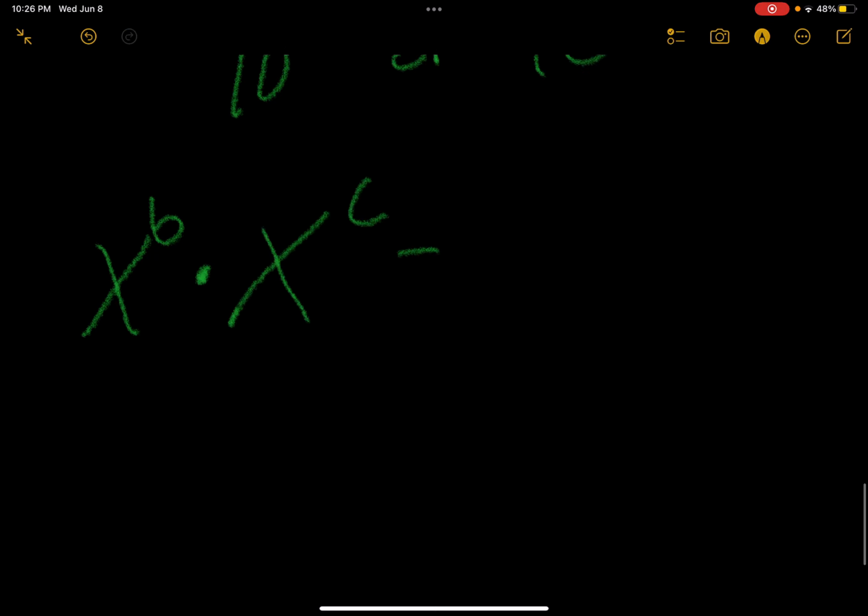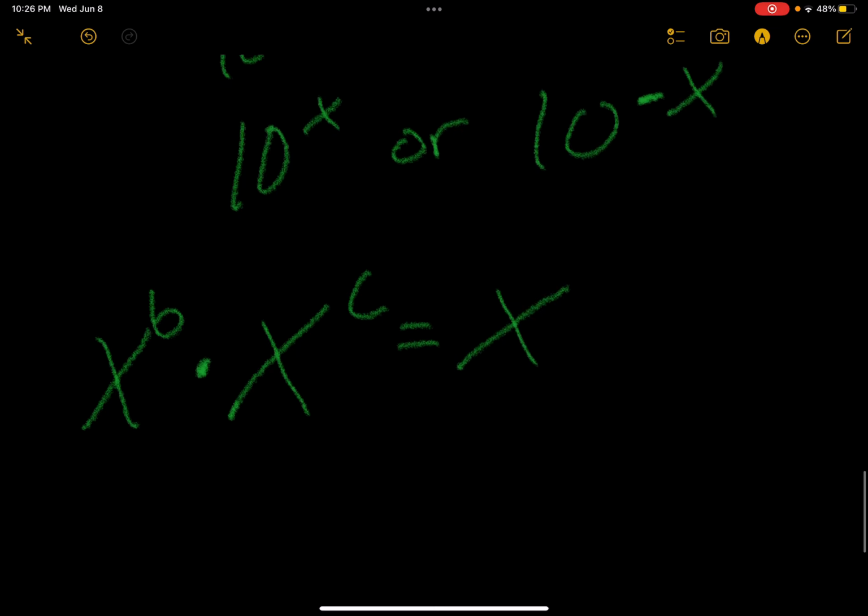Right? Exponent rules. So whenever we have x to the b multiplied by x to the c, this would just equal x to the b plus c.